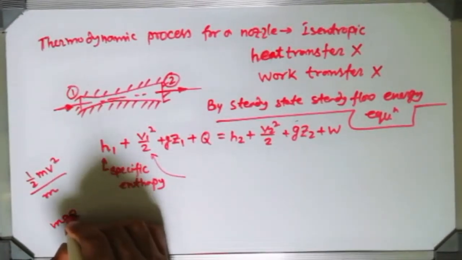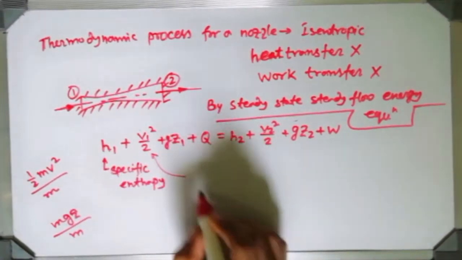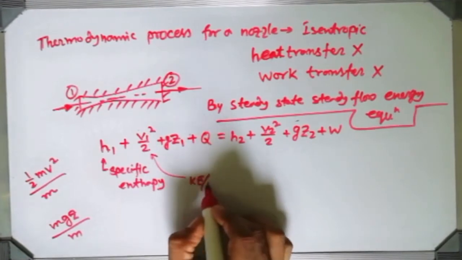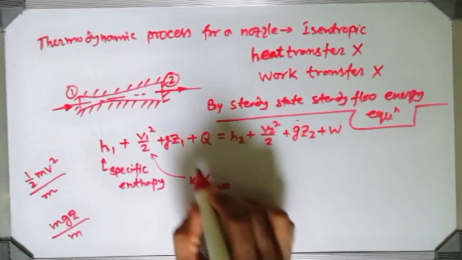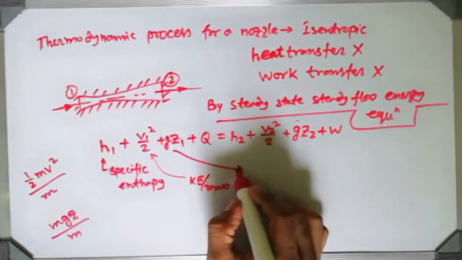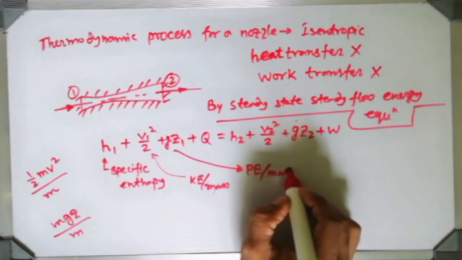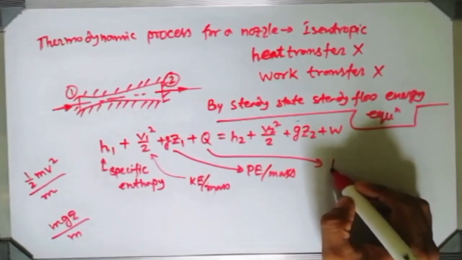If you divide it by m, then it will be g z, which I have written over there. So that is nothing but kinetic energy per unit mass. Similarly Z1 is also potential energy per unit mass, and Q is the amount of heat you are supplying.